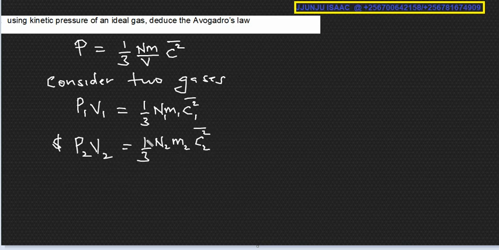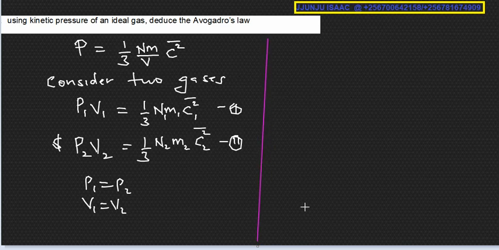Alright, so now here, if P1 is equal to P2, that is the same pressure, and V1 is equal to V2, that means that these two equations can be equated. So we are going to equate the equations.